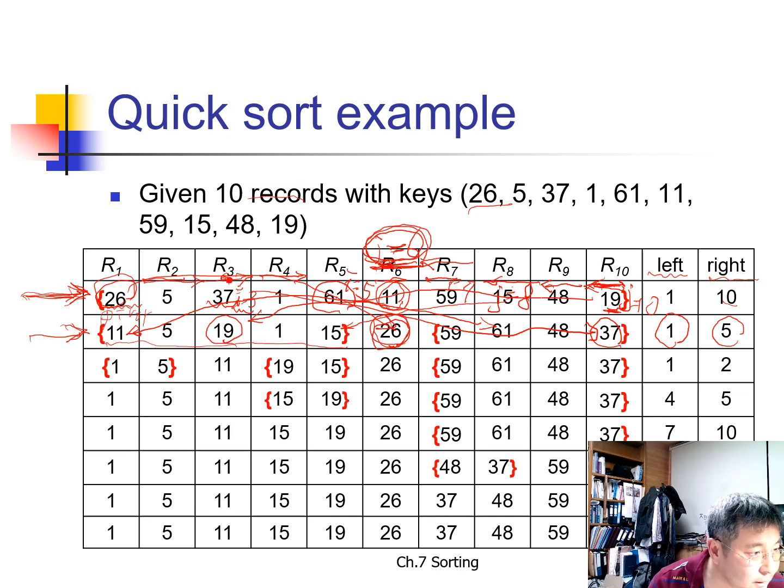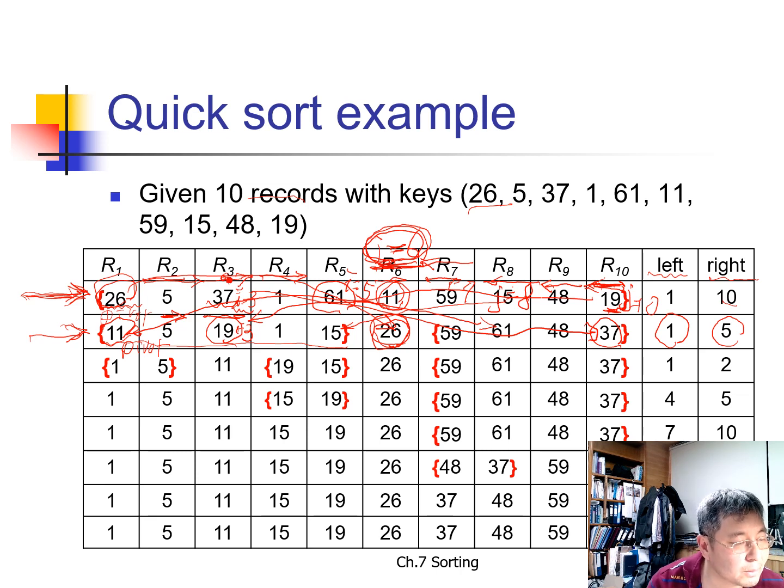Okay, so we will select 11 as the pivot value, and we will continue the I value from the second position. Okay, so 5 is less than 11, so it satisfies and goes here. Then 19 is greater than 11, so the I value becomes 3 here.